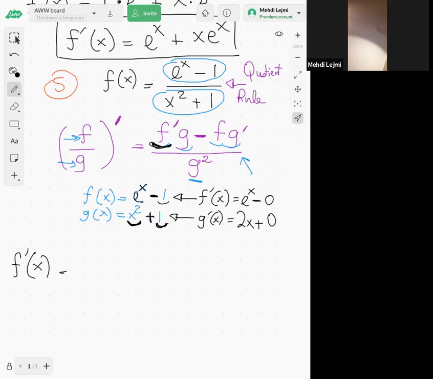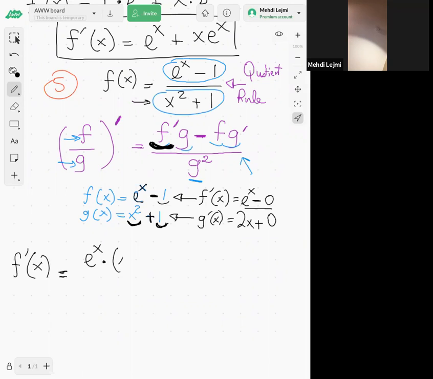Okay, so I got my f prime, I have my g prime, so now I can apply my quotient rule. The quotient rule said it's f prime first. So that's the e to the x. So here's my e to the x times the g. The g, that's the bottom, the denominator. That's the x squared plus 1.